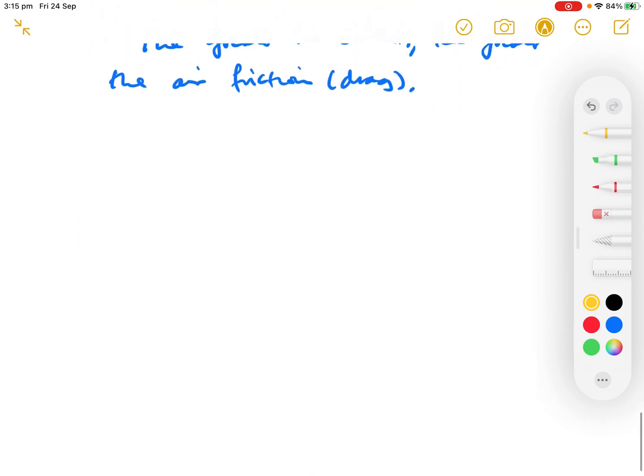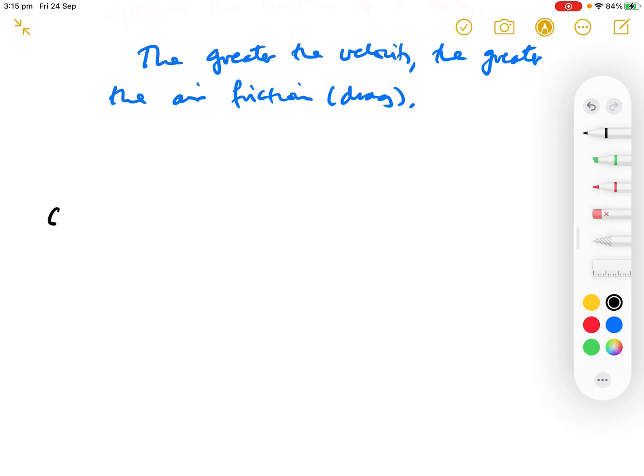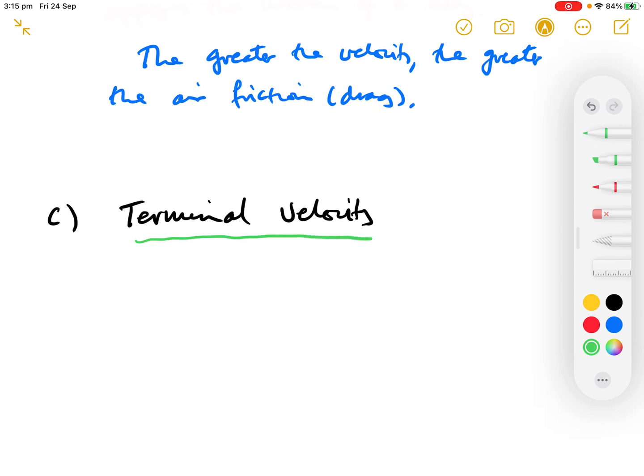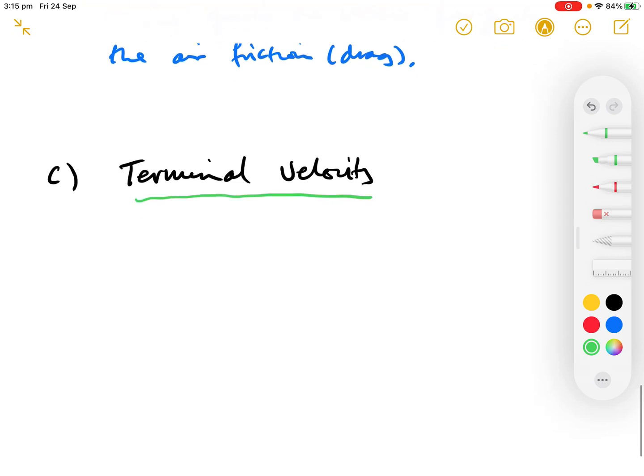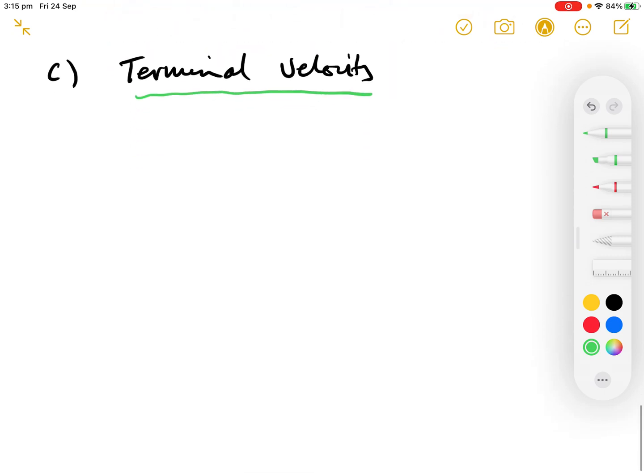So that's friction. The last thing in this note is C, terminal velocity. Again, studied at National 5, but we're just flagging up here that you need to know about it.